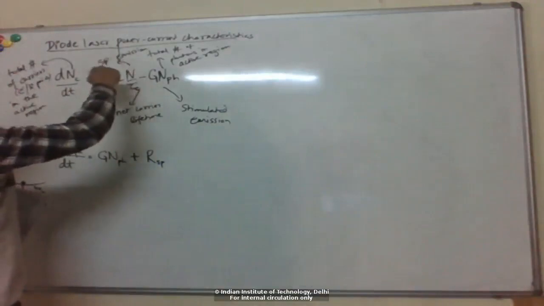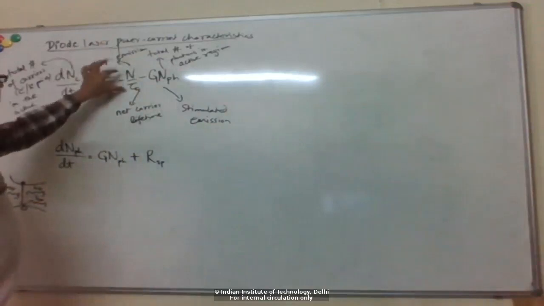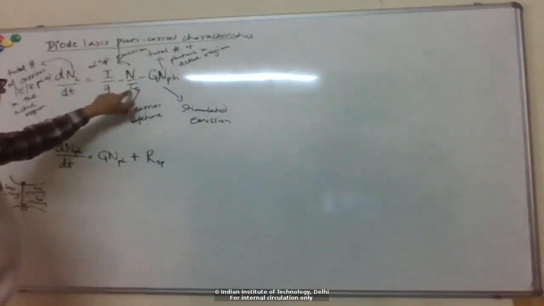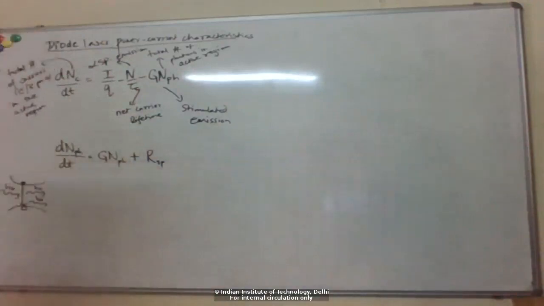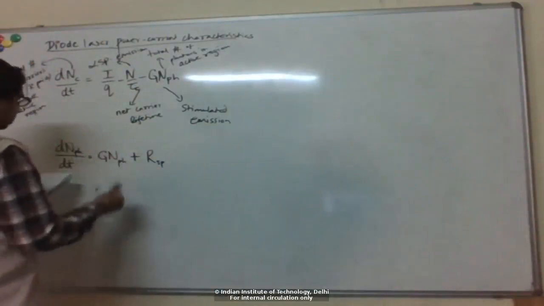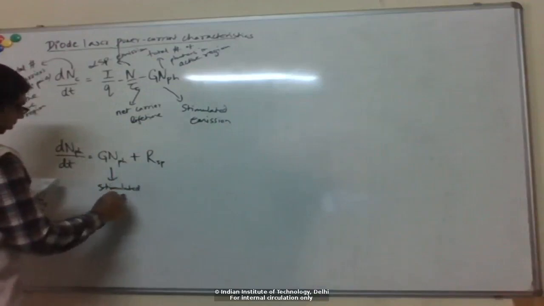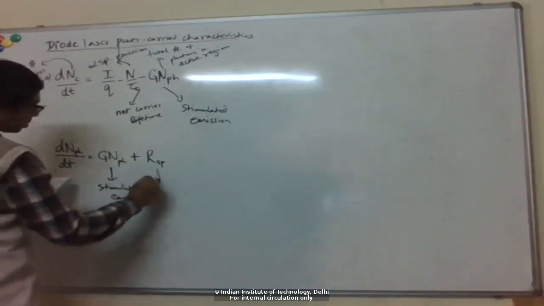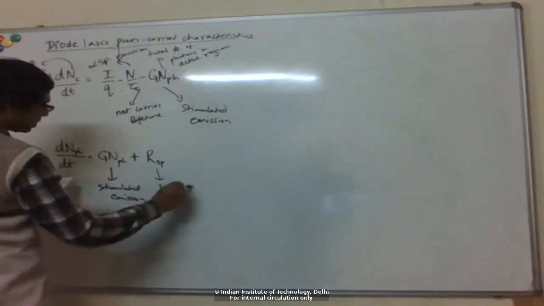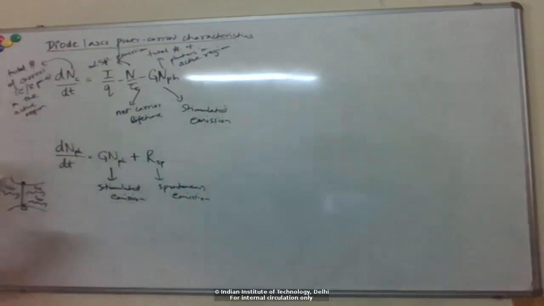So to be precise, the spontaneous emission rate is proportional to this, but not equal to it, because tau c has contributions from both radiative and non-radiative processes. So this is stimulated emission and this is spontaneous emission, both of which are increasing the number of photons.